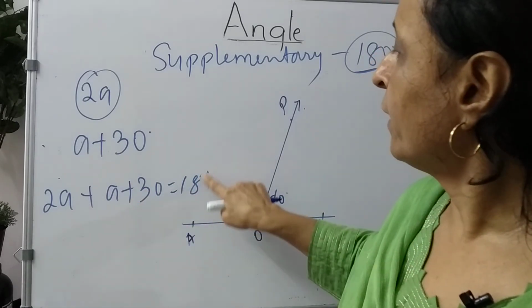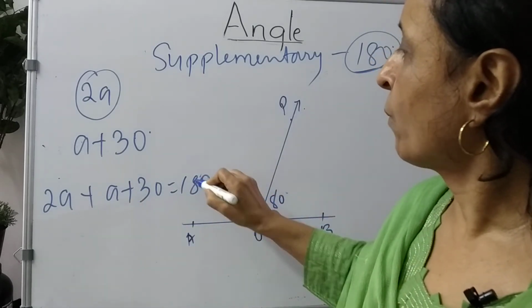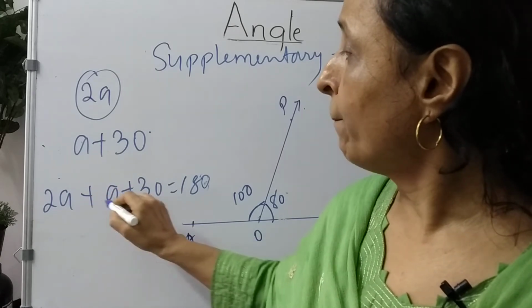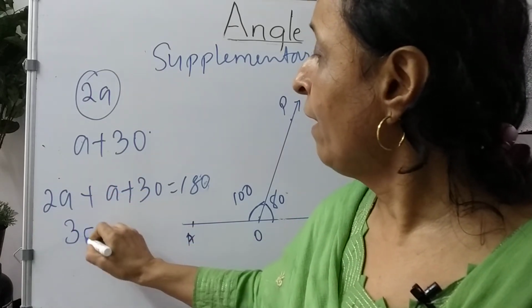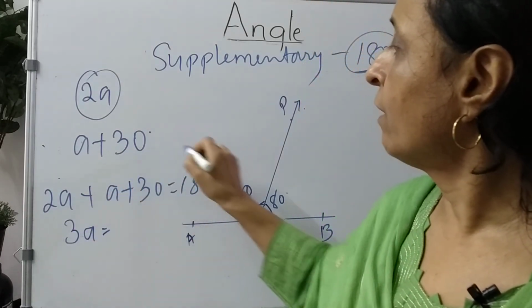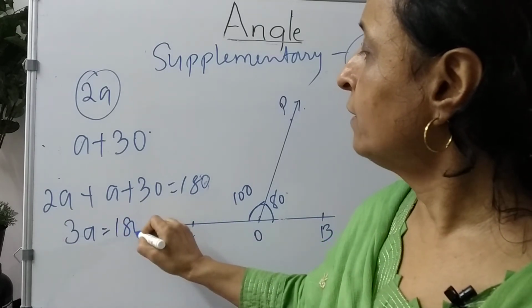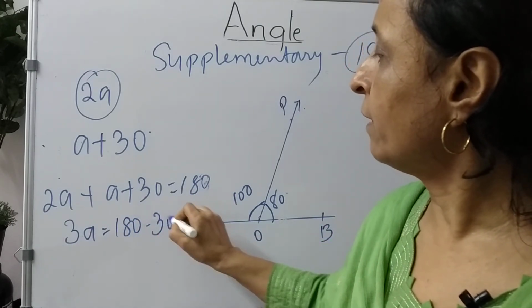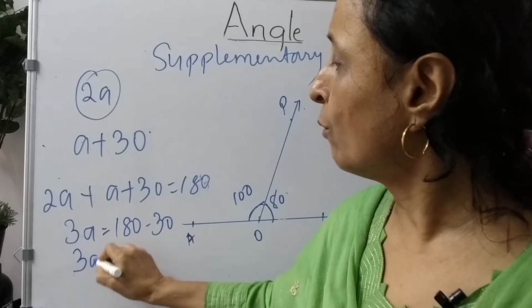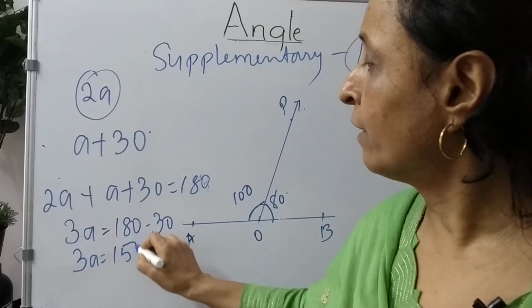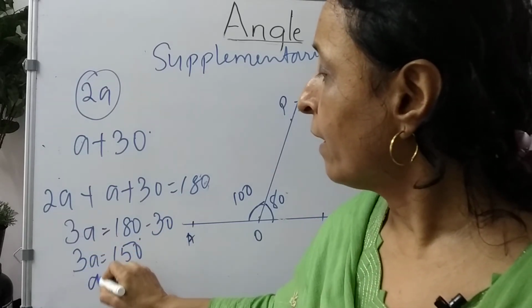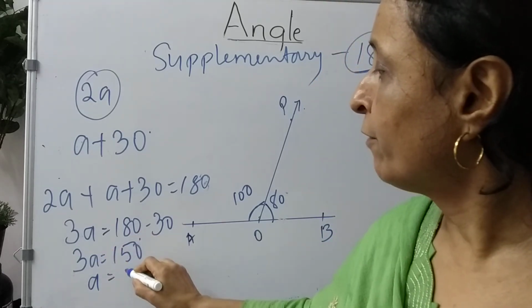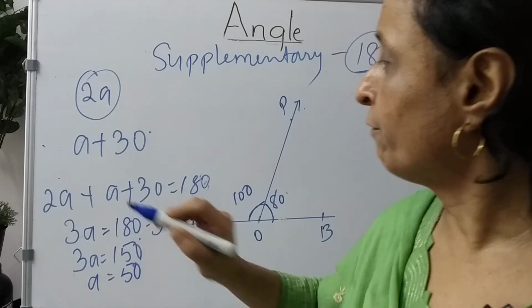Now this 180, you can solve this equation. 2a plus a is 3a and this 30 will come on the other side. 180 minus 30. 3a is equal to 150. Now a is equal to 50.